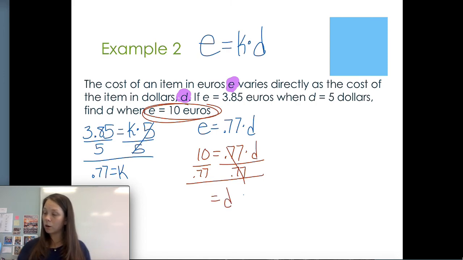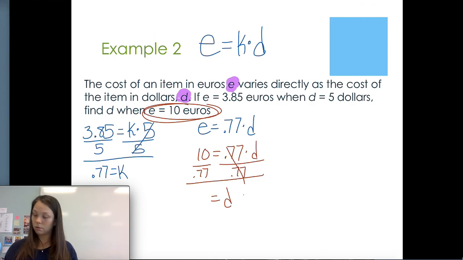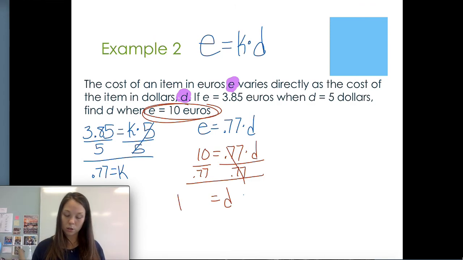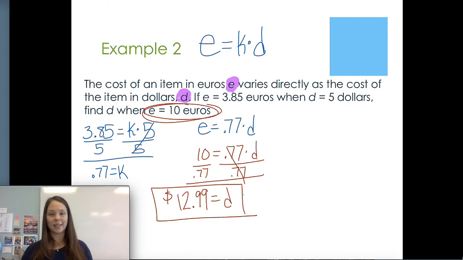We get the dollar amount to be 12.99 if we round to the nearest penny, so $12.99. When you initially look at this problem, if you did not have knowledge of direct variation, you could still solve it using your knowledge of proportions.